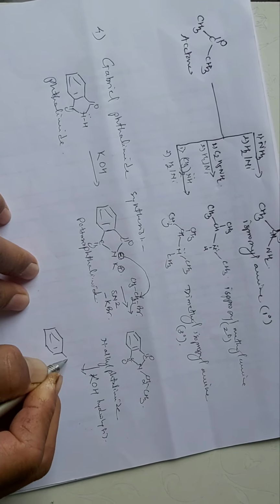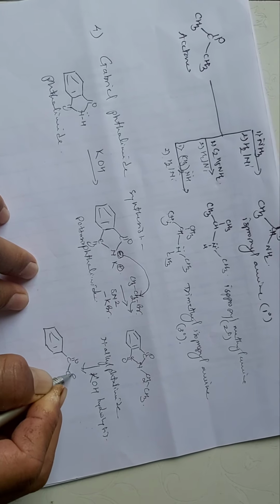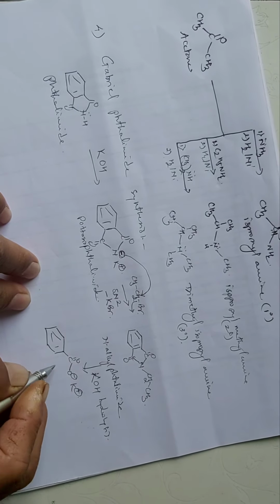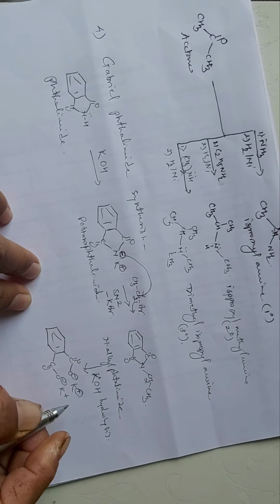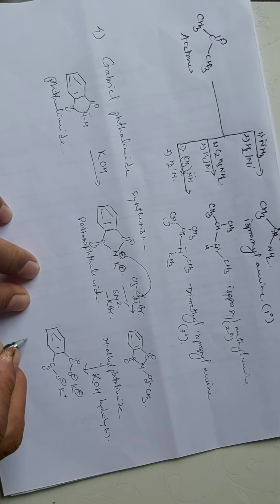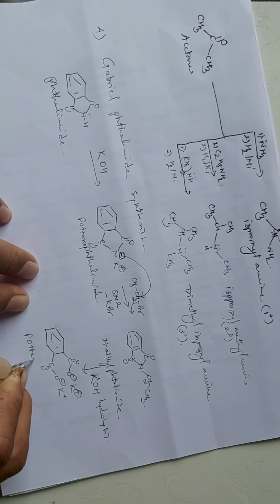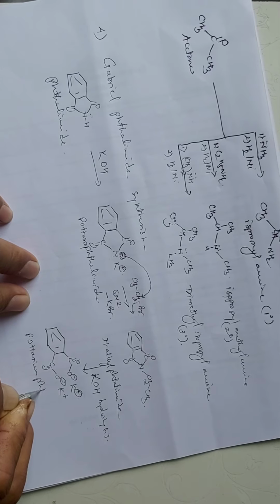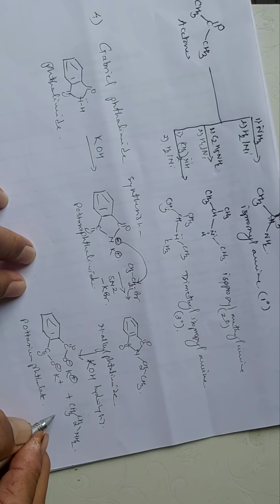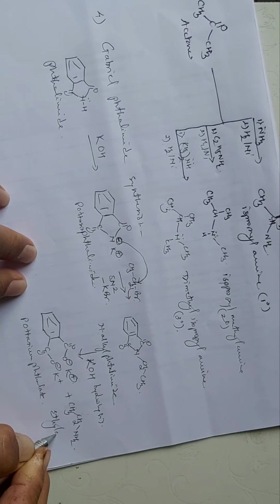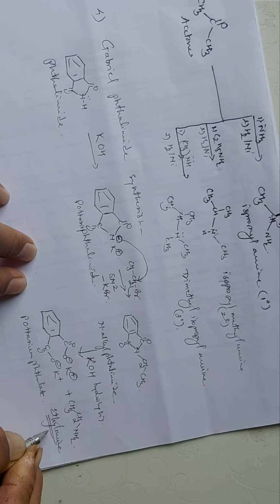So here it undergoes ring opening and forms O minus K plus, and this potassium salt of the phthalic acid is formed, so it is called potassium phthalate, plus ethyl amine, that is CH3CH2NH2, and so ethyl amine is obtained as a product, and this is the primary amine.